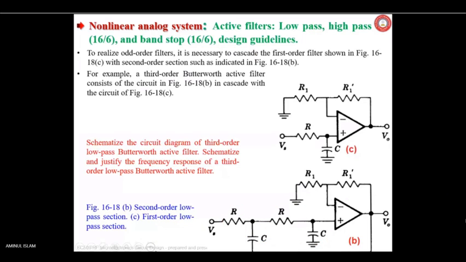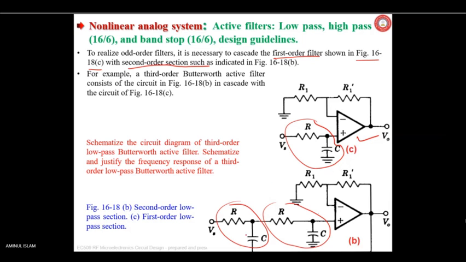To realize odd order filters, it is necessary to cascade the first order filter shown in figure 16-18 C, which has only one pair of passive elements, with a second order section such as indicated in B, which has two pairs.